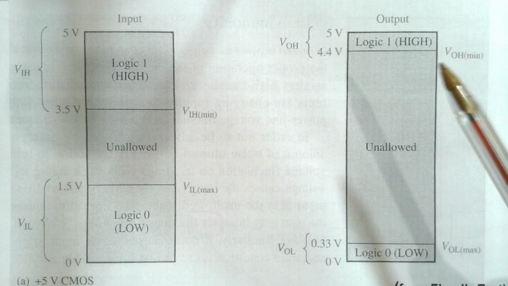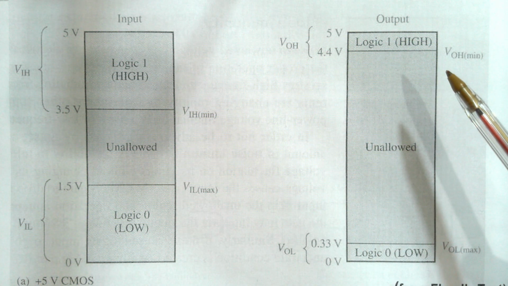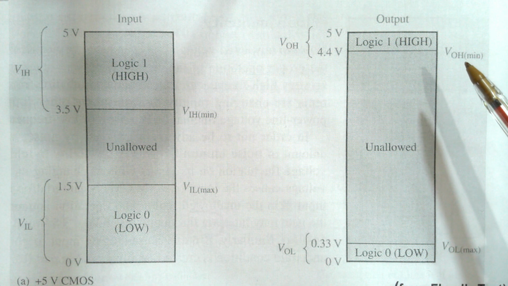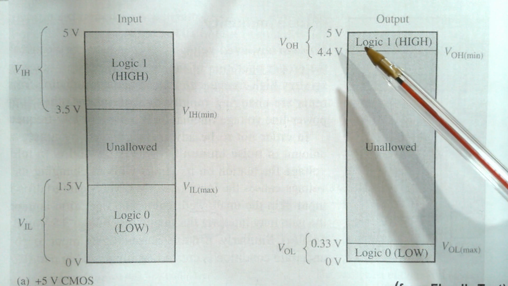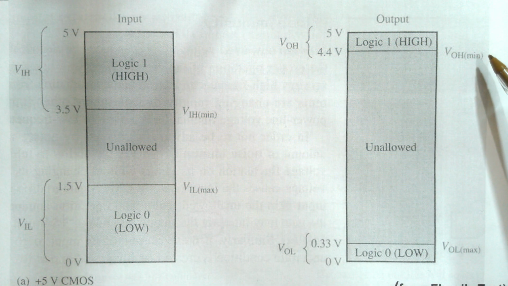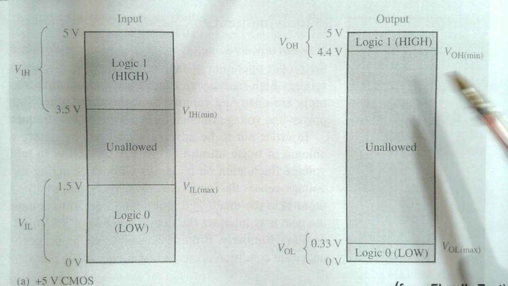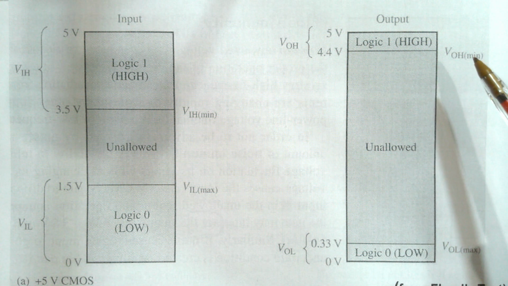On the output side, the range of voltages seen on the output of that technology when it's specifying a logic 1 is 4.4 volts to 5 volts. VOH min is the minimum voltage that would be outputted as a logic 1.